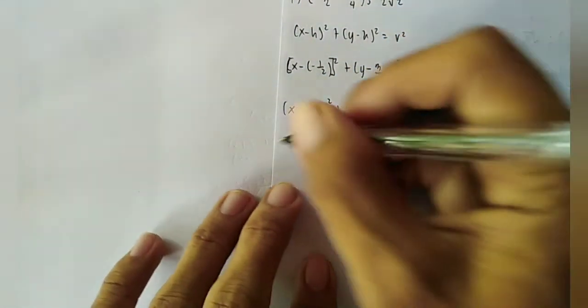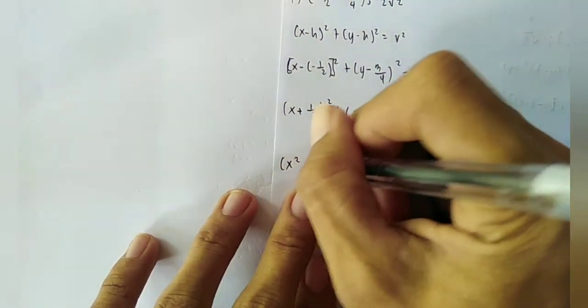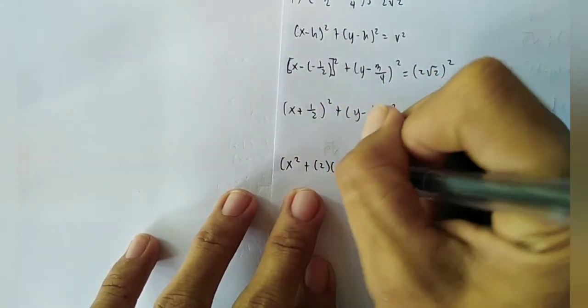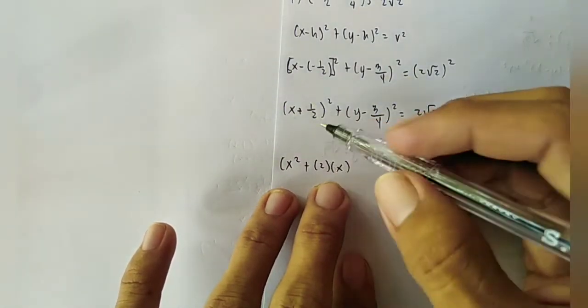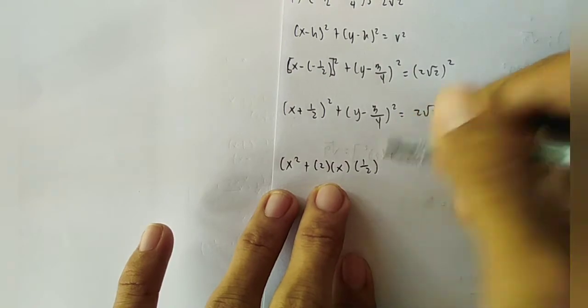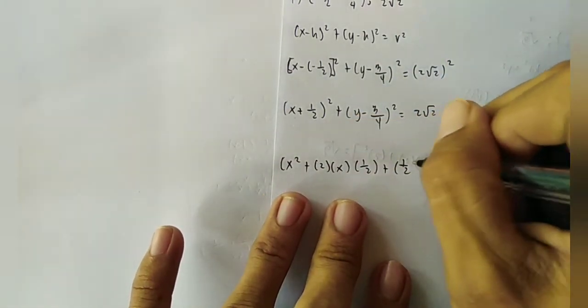So again, the rule states that square the first term for this one, then twice the product of the first term and second term. So twice the product of x and 1/2. Then square 1/2.